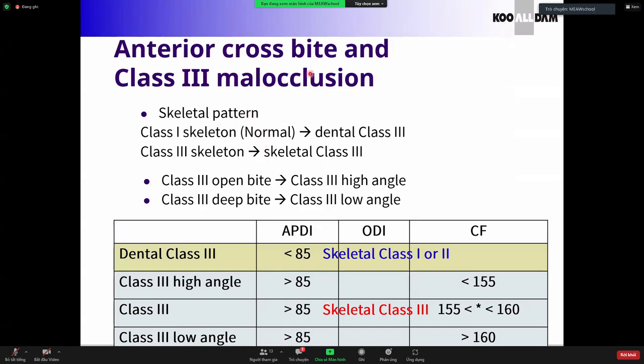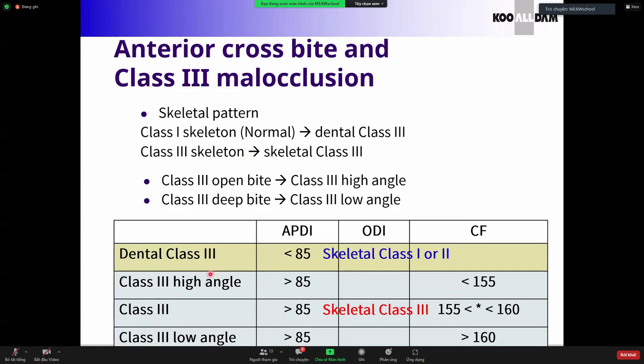So these are anterior crossbite and class 3 malocclusion. I want to divide class 3 malocclusion into dental-alveolar class 3 and skeletal class 3 malocclusion. In dental-alveolar class 3 malocclusion, the skeletal pattern is class 1 or class 2. However, skeletal class 3 malocclusion has a skeletal class 3 skeleton.